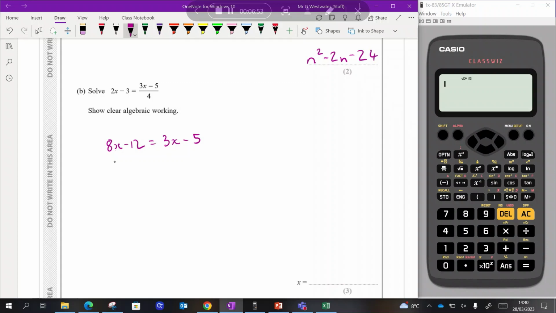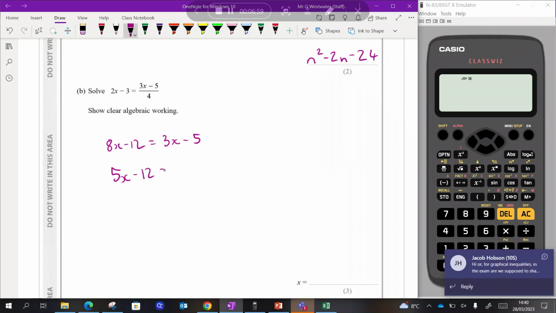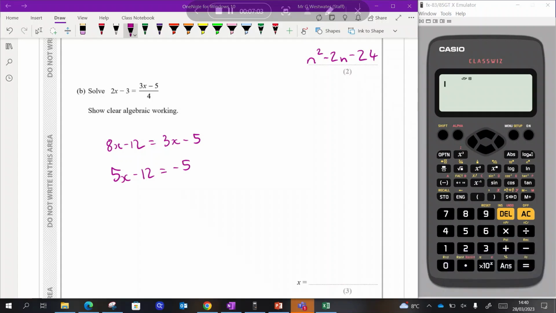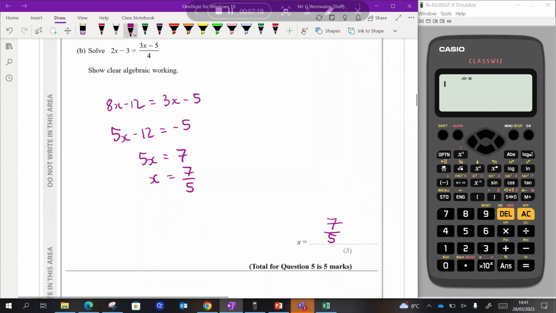Now grouping the x's together, I'll have 5x on the left-hand side, minus 12 equals minus 5. And adding 12 to both sides, 5x will equal 7. Then dividing through by 5, x equals 7 over 5, or 1.4.